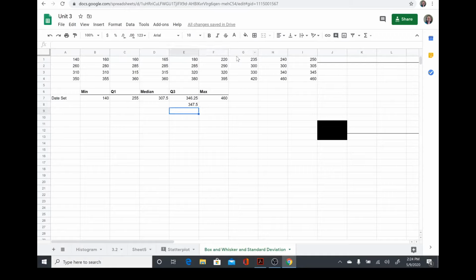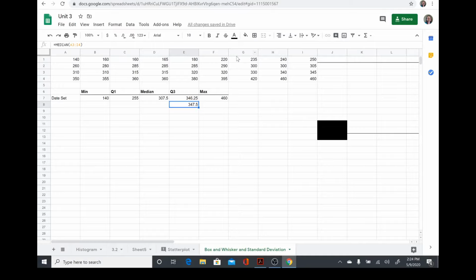The easiest way for me to explain that is there's different ways to make a box and whisker chart. And the way that I'm teaching you in our class is not the only way to break the data up into 4 groups of the same size.